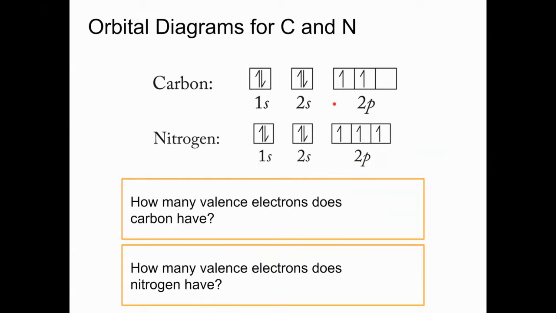All right, so how many valence electrons does carbon have? You look at that highest principal quantum number, which is 2, and this is also a 2, so we have to count up all those electrons: 1, 2, 3, 4. So it has 4 valence electrons. Now let's take a look at nitrogen.